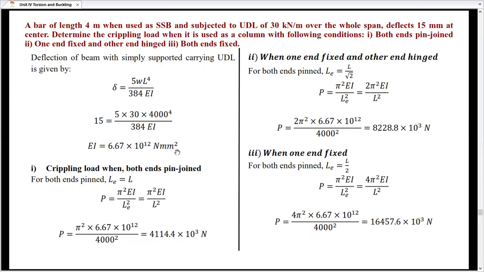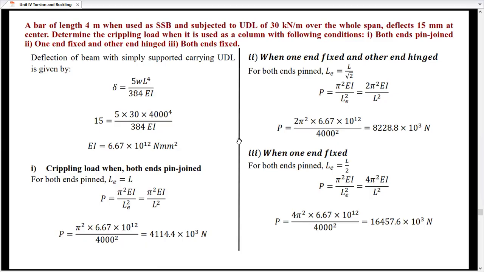Now we will take the conditions. When both ends are pin jointed, the equivalent length is equal to L. So we can calculate the crippling load as pi square EI upon L square. Put the value of E into I, and the length is available, so we get the crippling load 4114.4 into 10 raised to 3. That is the crippling load when both ends are pin jointed.